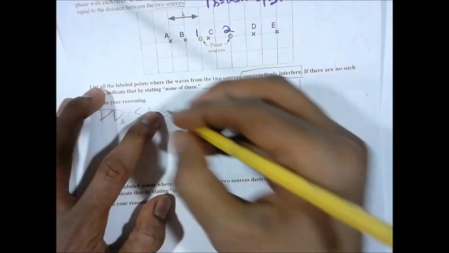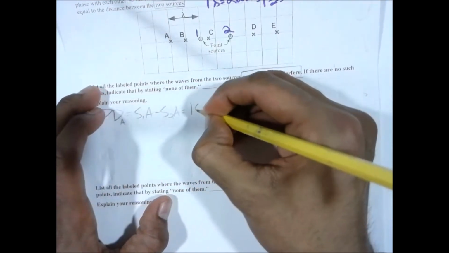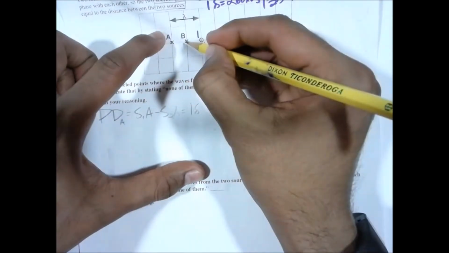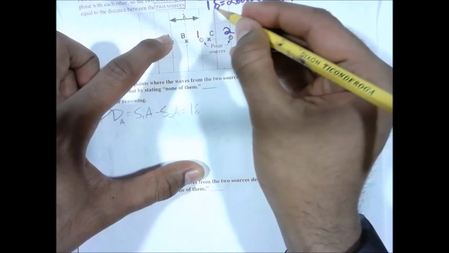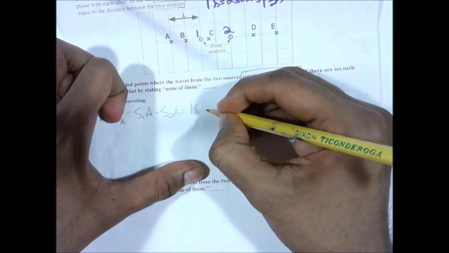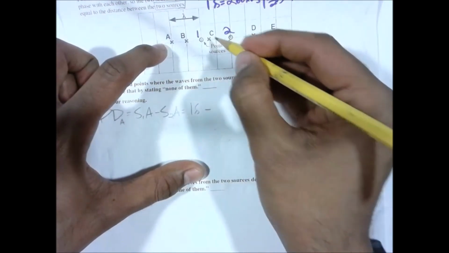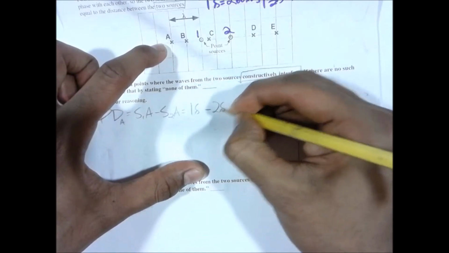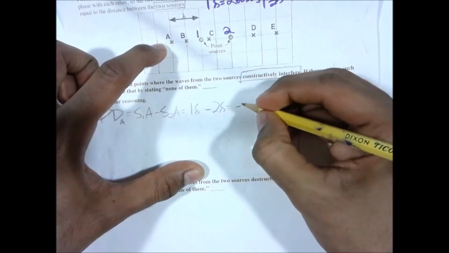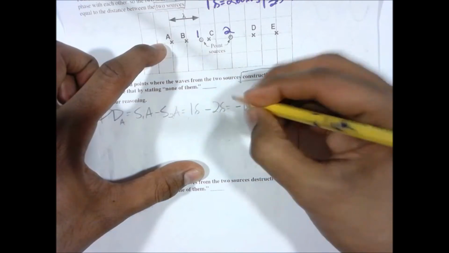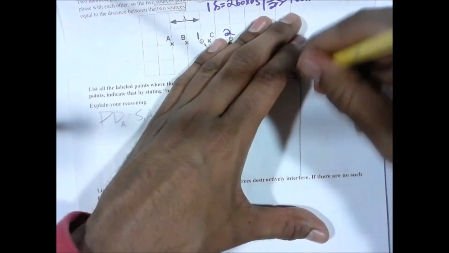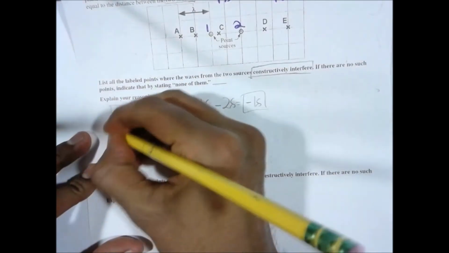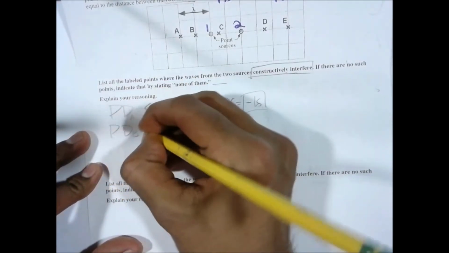So we have source 1A minus source 2A is equal to 1 wavelength. How do we know that? Because this is 2 boxes, that's 1 wavelength. Minus, from point source 2, we got 1, 2, 3, 4 boxes, that's 2 wavelengths. Alright, so the difference is minus 1 wavelength. I'm going to move this over, and then we're going to do all these and we'll find a pattern.